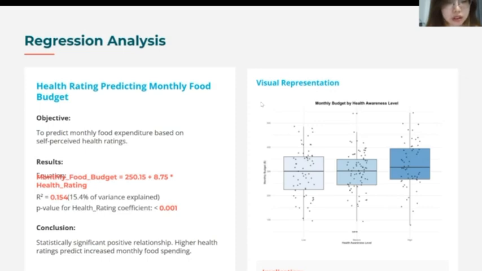For every 1 unit increase in health rating, monthly food budget is predicted to increase by approximately $8.75. A box plot conceptually supports that higher health awareness correlates with higher budget. This suggests health consciousness influences financial prioritization of nutrition.